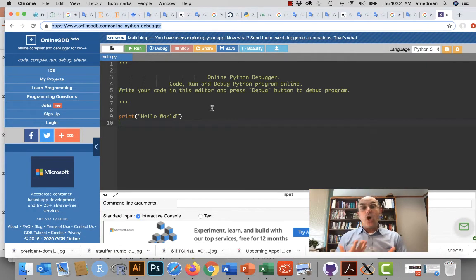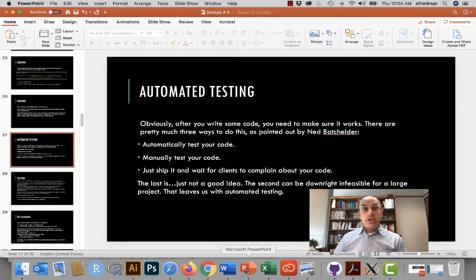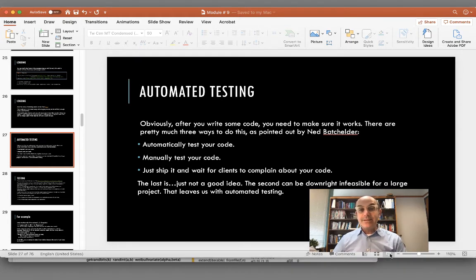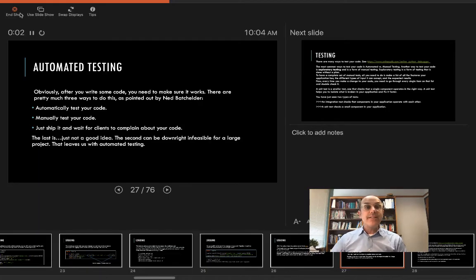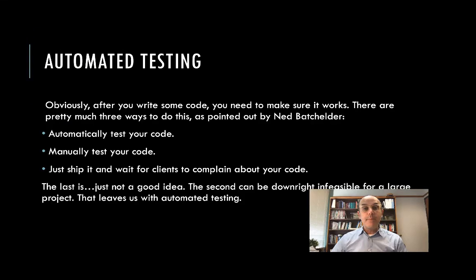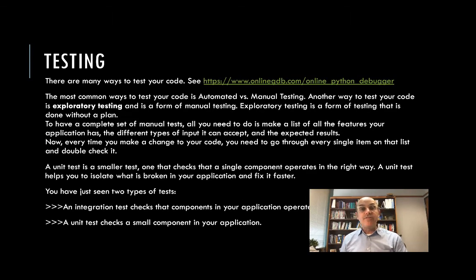This is online code. You're going to copy your code and test it, and it will test if your code has a bug. So this is part of our discussion, and one of the things I want to talk about is automated testing versus manual testing, and how we can improve on testing.